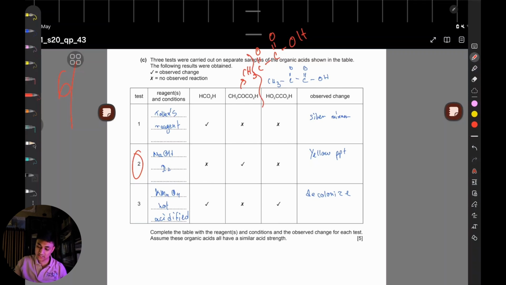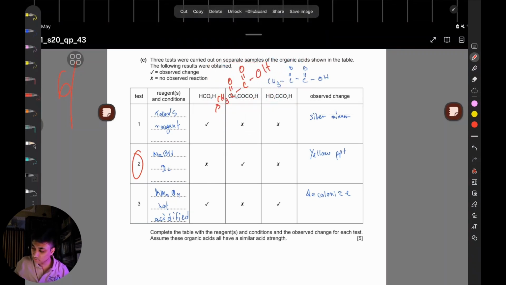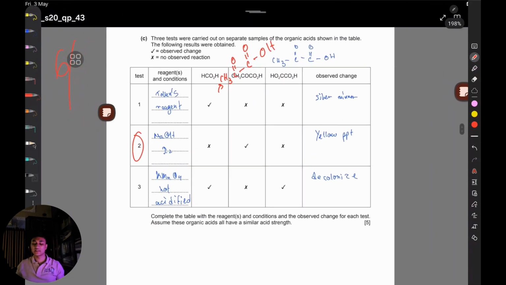So it reacts with this part, right? In the case of alkaline iodine, to react you need a methyl group attached to your carbonyl group. That is basically the condition you need for the reaction to take place. The other is DNPH. DNPH will react if there is a carbonyl group attached, ketone or aldehyde.